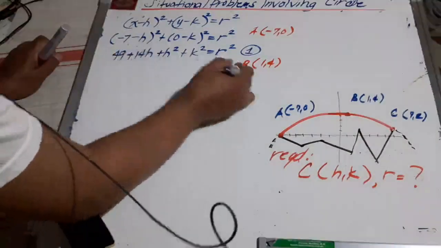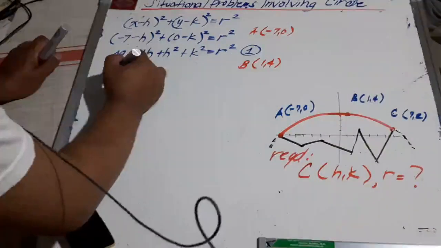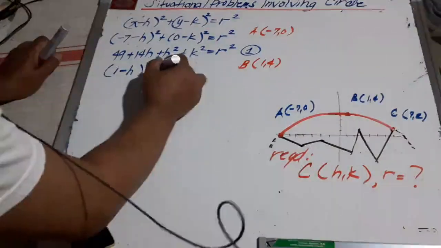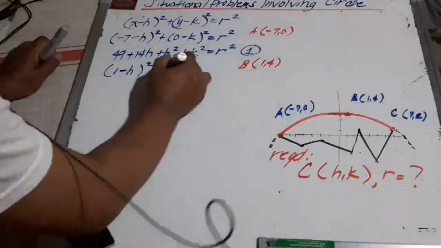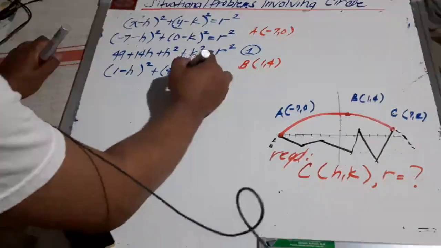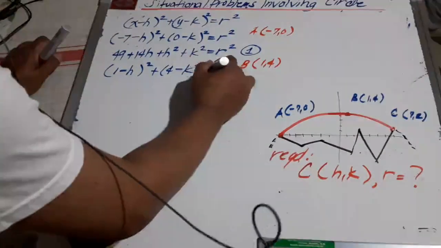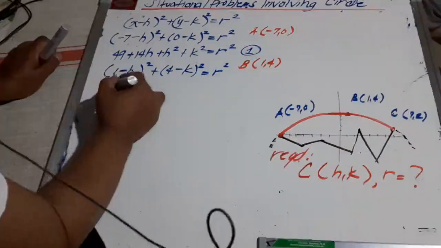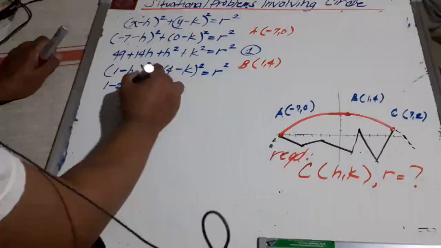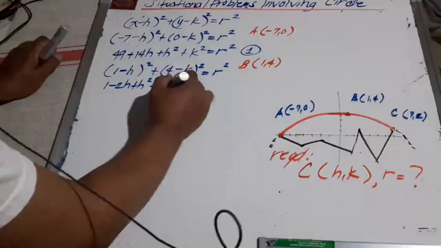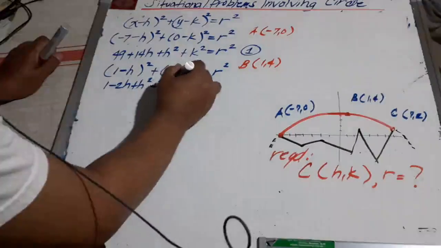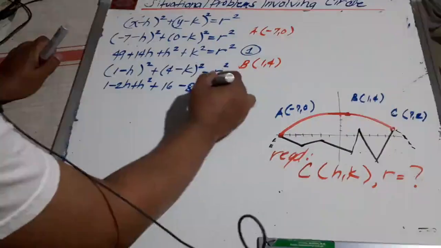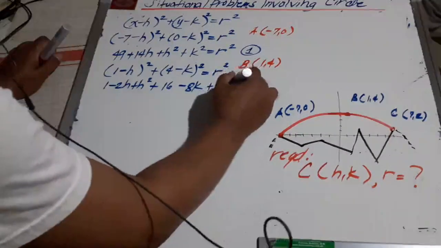We have x is 1, so 1 minus h squared plus y is 4, 4 minus k squared equals r squared. Expand. So 1 minus 2h plus h squared plus the square of 4 is 16. Twice the product of these two is negative 8k. The square of k is k squared, equals r squared.